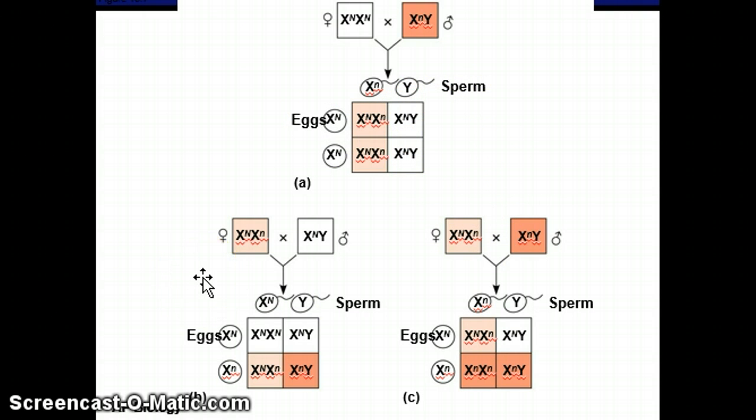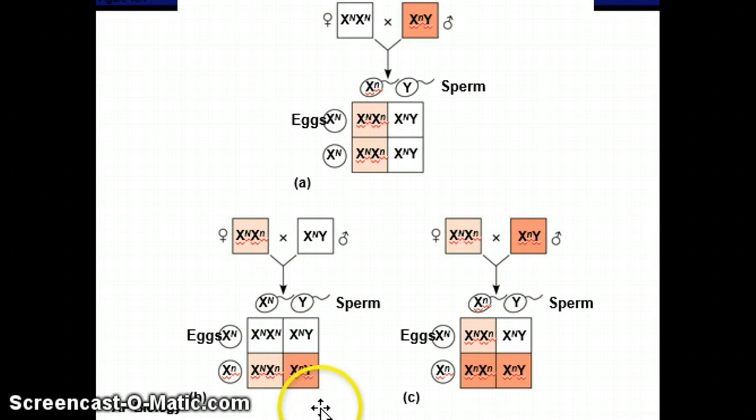So now here we take this female and we cross it with this type of male. So we have our heterozygous female now creating our possible offspring with a dominant-trait male here. And again, you can follow through and see how our different gametes are formed and what offspring we end up with.